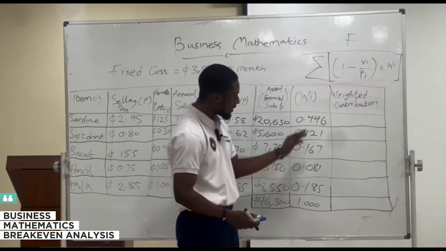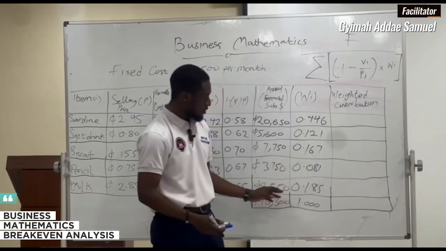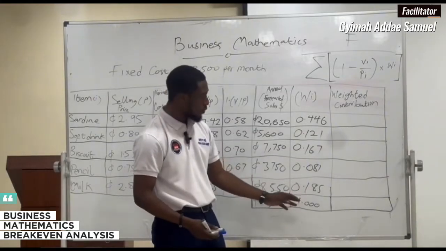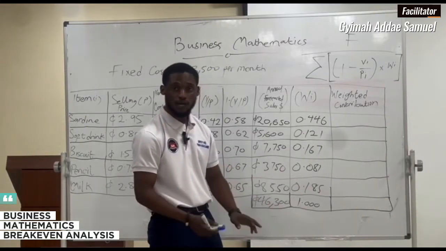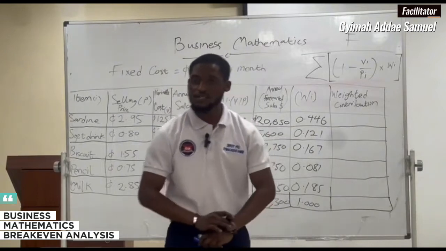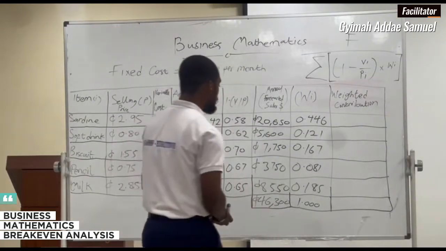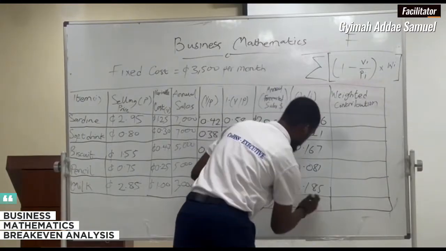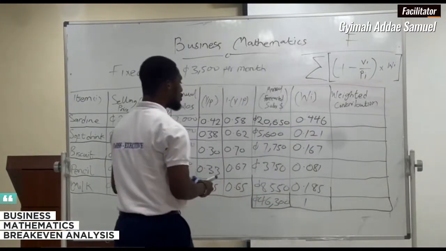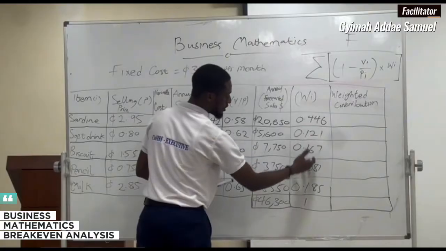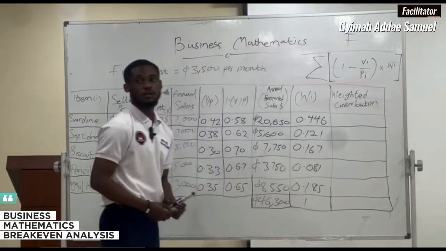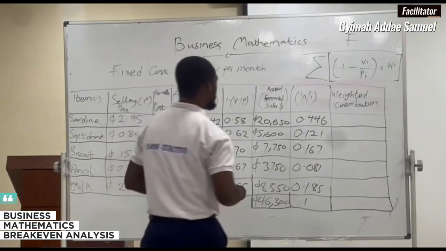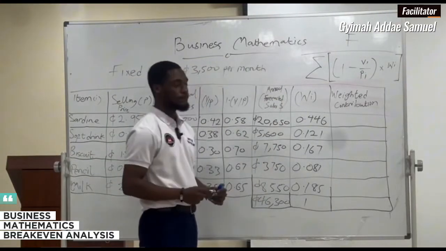Now, when you add this, there's nothing like 1.000. When you add this, you are getting 1, which is a simple answer you are going to get. So when you sum all this up, you get 1. Note again, don't round the WI up.